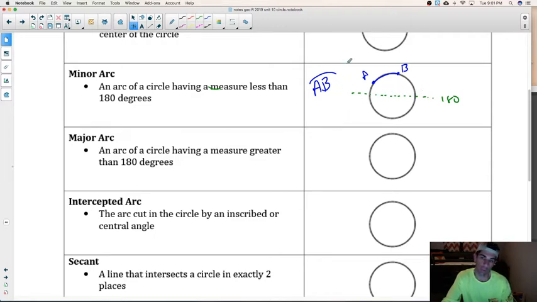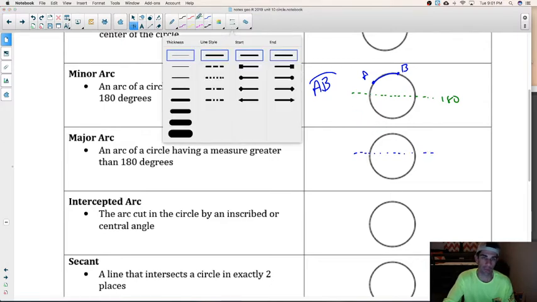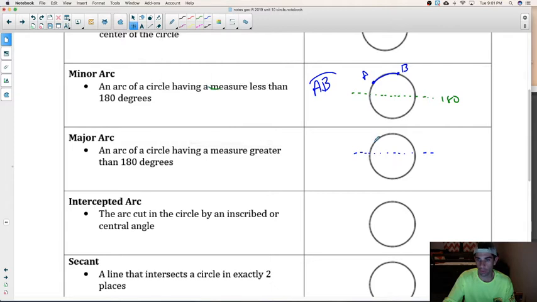Well, what happens when you go past 180 degrees? Well, we're going to call that a major arc. And many, many times, not always, when we're naming or using major arcs, they like to use 3 letters. So say I did, again, AB, but now let's throw C into there, and we would call it arc ABC. And it looks like that.